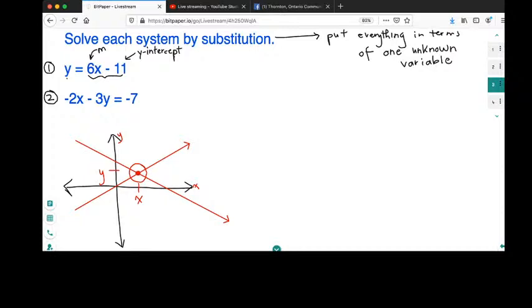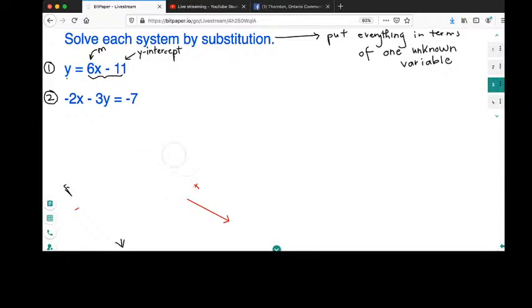Now, when they're asking us to solve algebraically, what they're asking us to do is to take something from the first system and plug it into the second system or vice versa. So in this case, I have solved that my entire y value is equal to 6x minus 11. So what I'm going to do now is, instead of saying y here, I'm going to plug in this y.